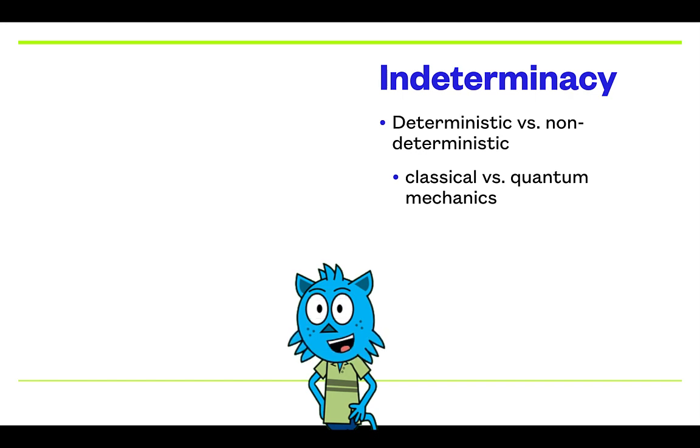Classical mechanics would be the type of physics that you studied most likely in high school, where if you have a cannon and you shoot the cannonball out at a certain angle with a very certain velocity, you can calculate where exactly it's going to land. You can't really do that with quantum mechanics because you have this idea of indeterminacy.